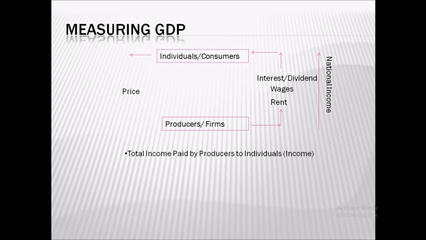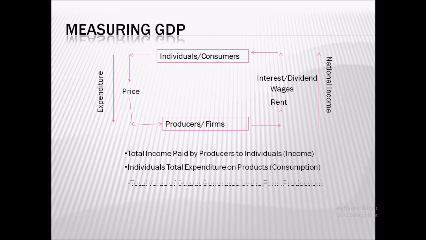Or on the other side, the individuals or the consumers use this income and consume goods and services. Okay, so that becomes the expenditure side. So you can measure the expenditure side also to understand the level of economic activity happening in an economic system. And there is one more method for measuring GDP, which is by measuring the total production activities which happen in the economic system.